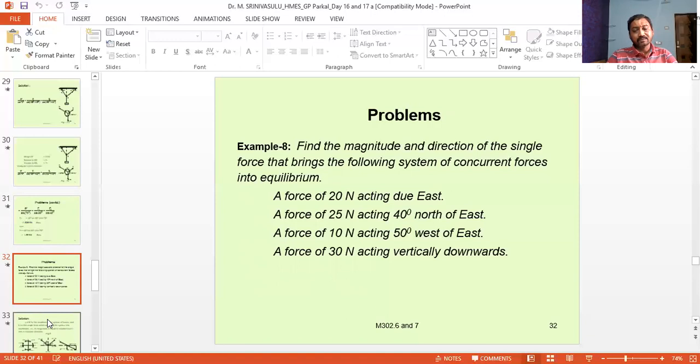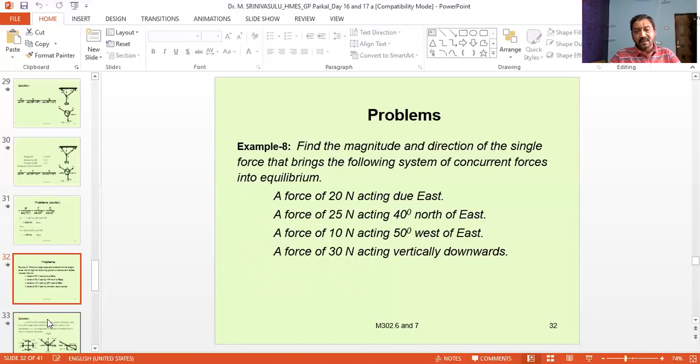So take this problem: find the magnitude and direction of the single force that brings the following system of concurrent forces into equilibrium. The forces are: the first one, a force of 20 newtons acting due east.